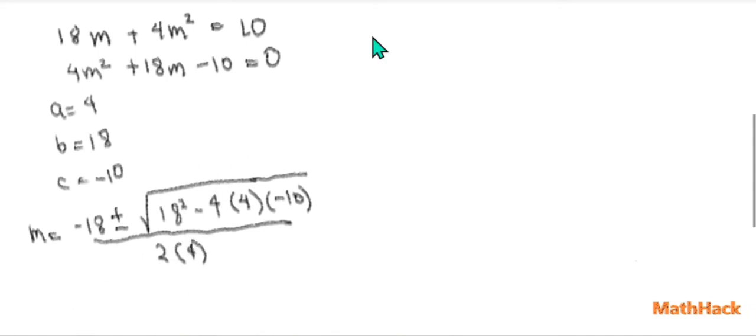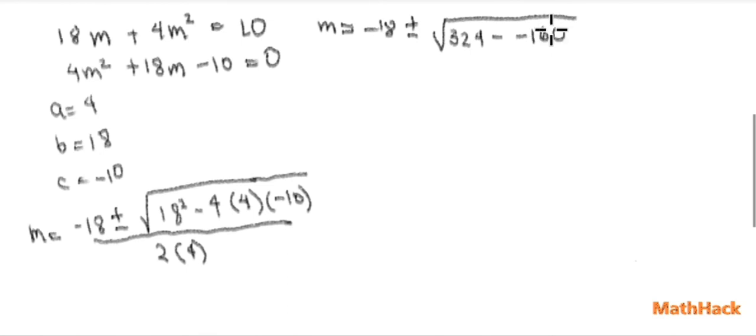Then, simplify lang natin. So, we have m equals negative 18 plus or minus the square root of 18 squared is 324. Okay? Pag nahihirapan, don't worry. Actually, pwede naman natin i-calculator yan. Okay, minus 4 times 4 is 16 times 10 is 160. Pero negative 10 yun, so negative 160 ang ilalagay ko rito. Alright.